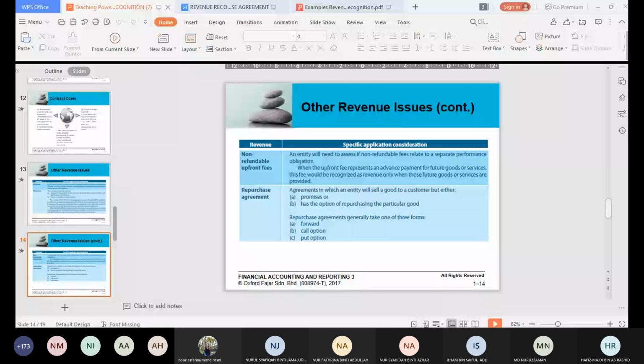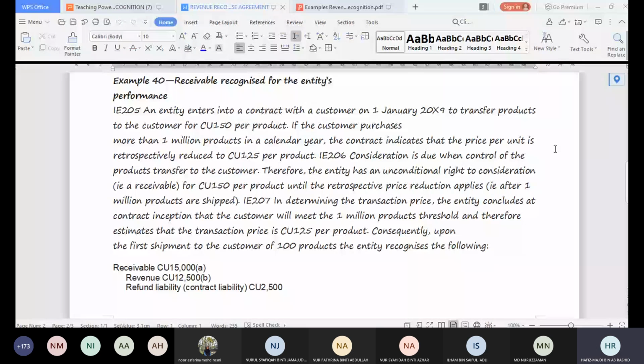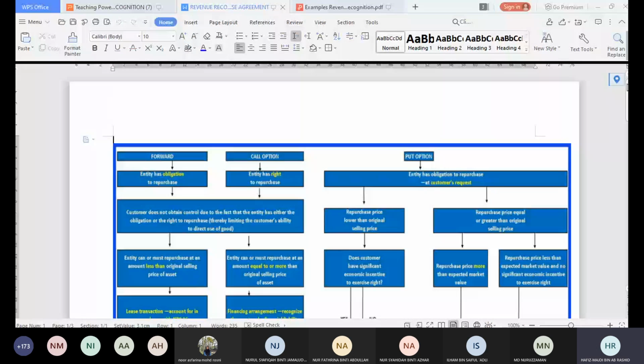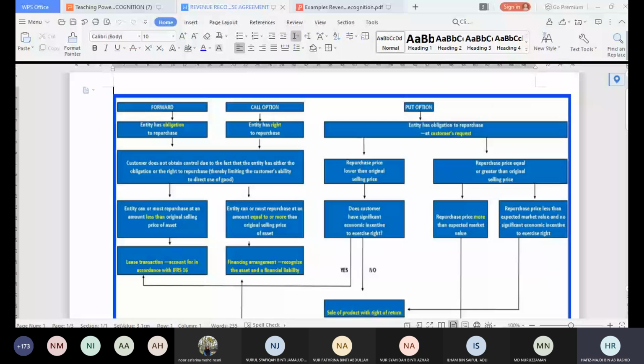So I have come across this. Let me just share with you. This table, I'm not sure whether it is clear to you or not. Can you read it? Inshallah, I will also upload this document. Can you read this?